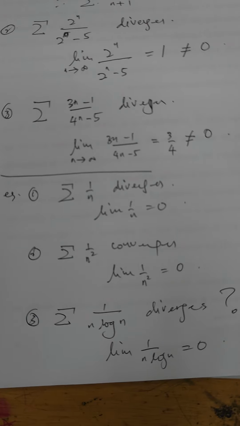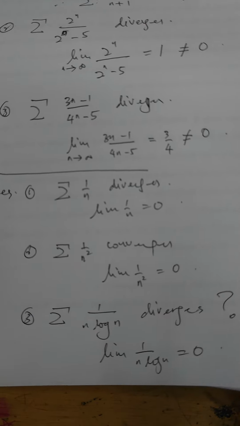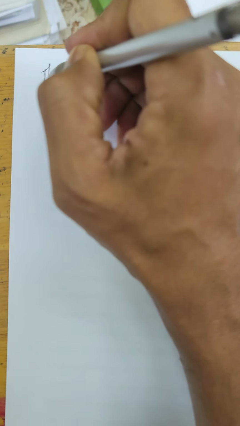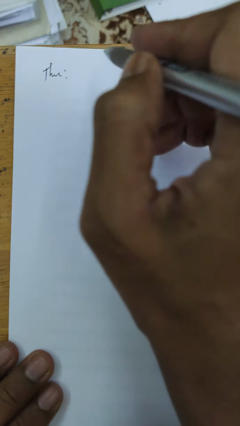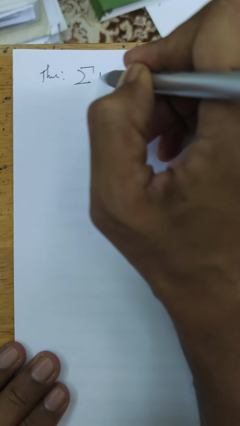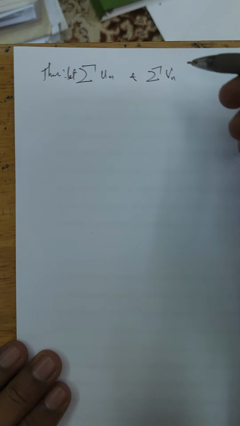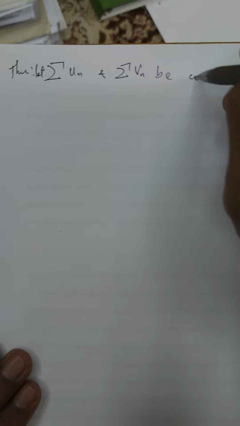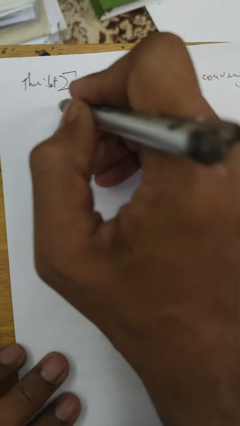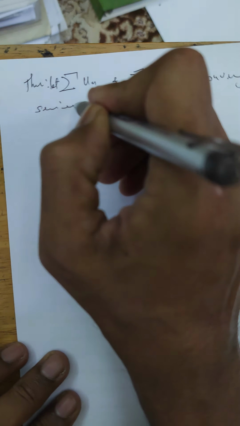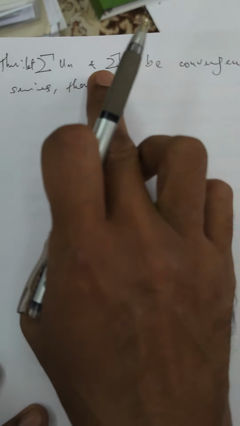Now, let's see a couple of properties of series. We have a theorem. Let un and vn be convergent series. Then un plus vn is a convergent series.